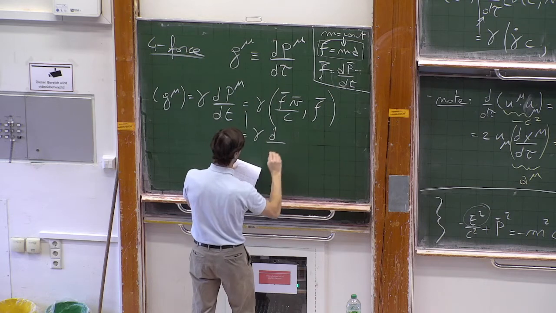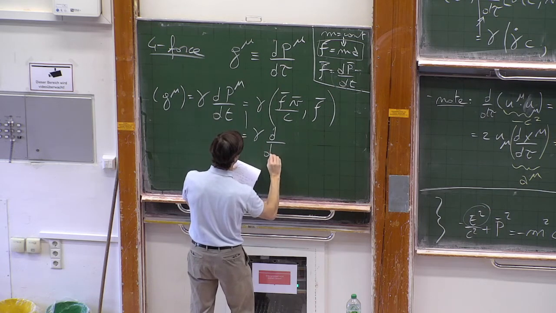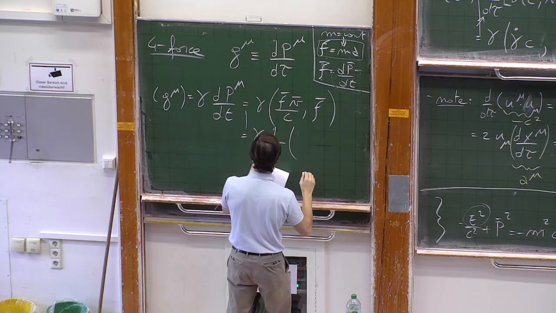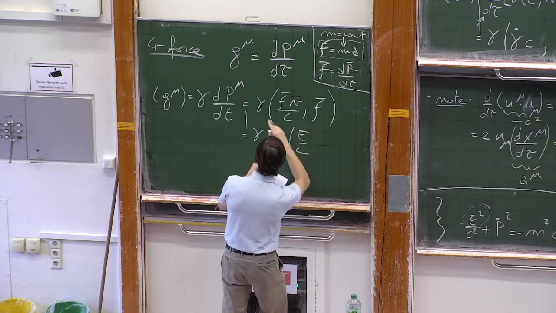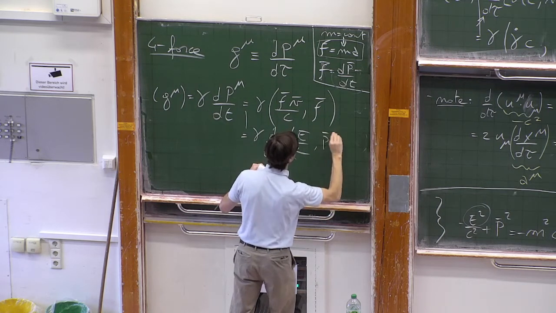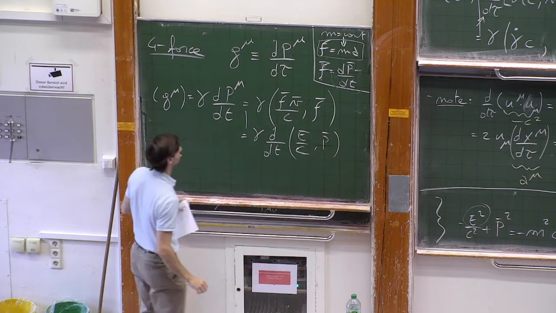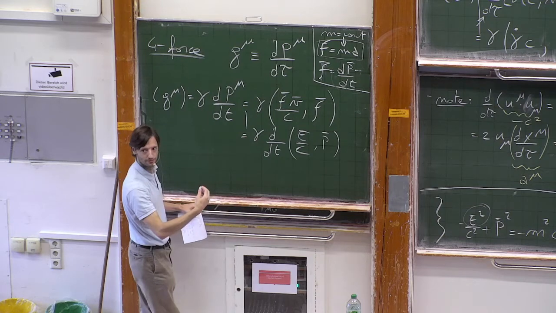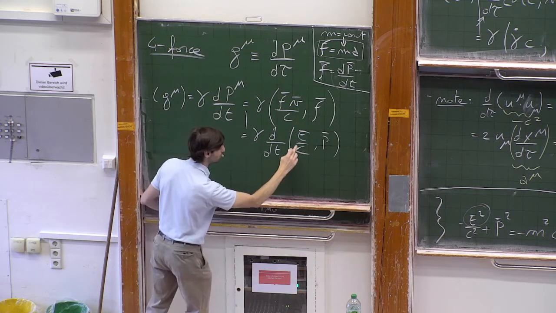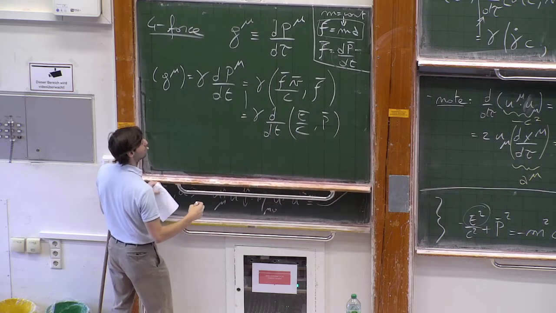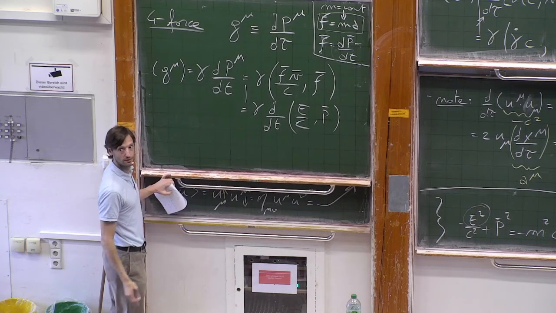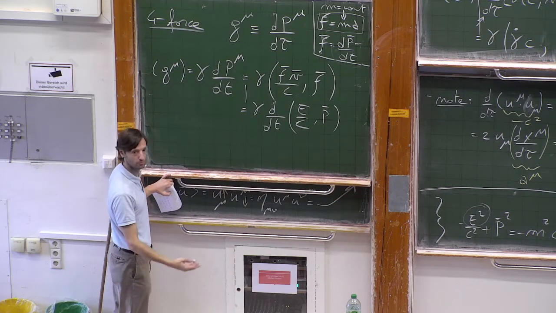So before doing the derivative, let me do it very explicitly because then it's easier to understand the rest. Okay, so I went backward. I did it because I want to show you the connection of the first term to something that is known. This is the standard force that we know from school.